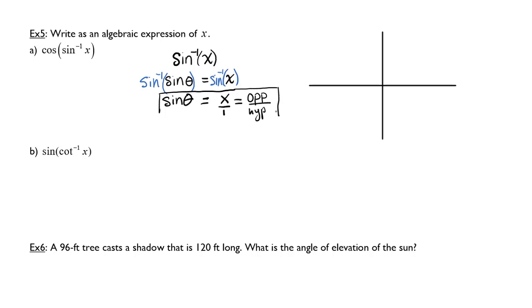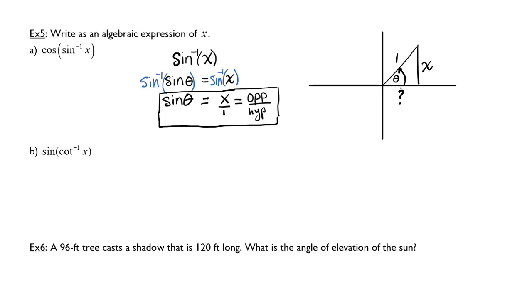And remember that sine of theta is opposite over hypotenuse. This is going to be super helpful because now we can write our sine theta as a triangle. There's my angle theta. My opposite side is x, and my hypotenuse is 1. And I don't know the adjacent side, but I can write it as a relationship between the other two sides of the triangle.